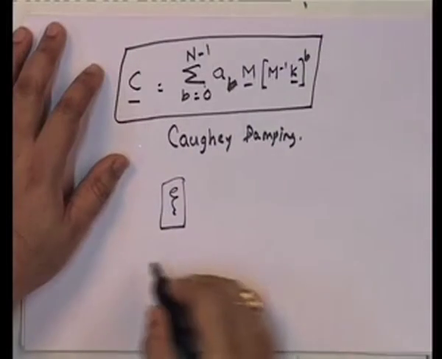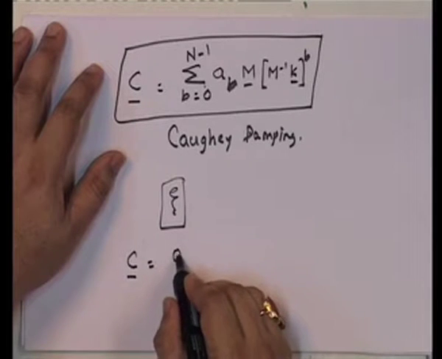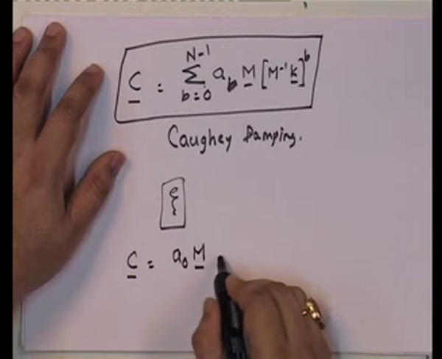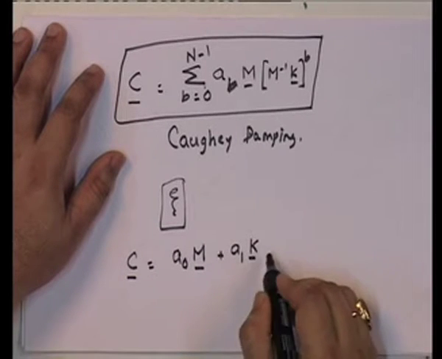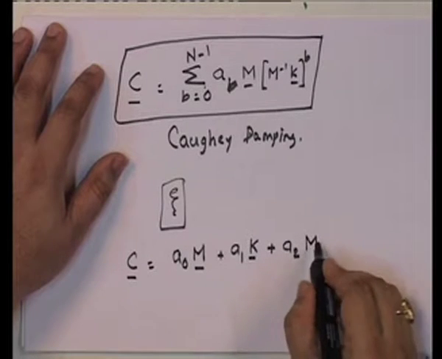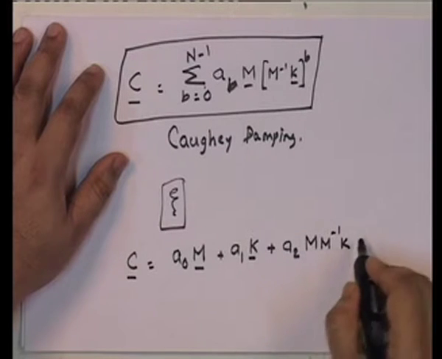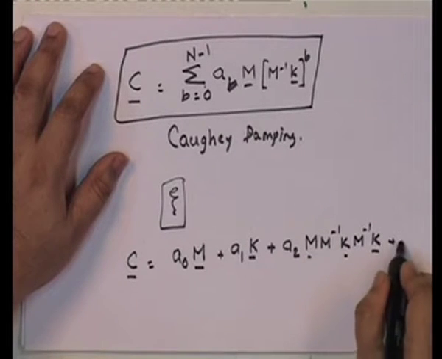I know that if I were to take this, so this in a sense becomes the following. C becomes equal to A0 m plus A1 k plus A2 m inverse k m inverse k, and so on and so forth.